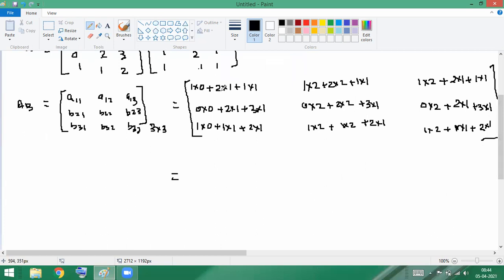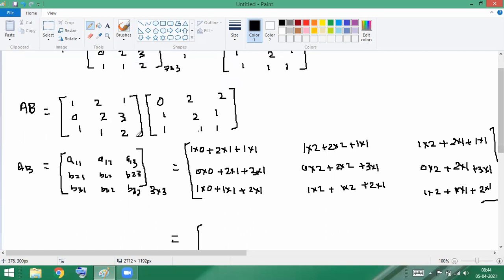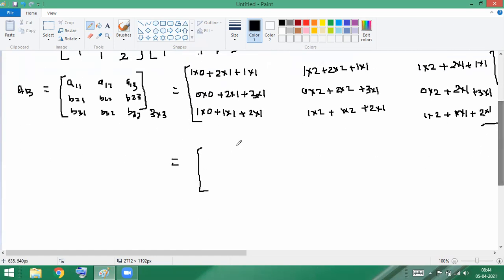How much will it be? 0, 2 and 1. The last one will be 1 into 1. The last, third row, third column, is 2 cross 1. Yes, that is fine. So first, 2 plus 1 is 3, then 2, 4, 6 plus 1 is 7. Here, 2 plus 2 is 4 and 1 is 5.